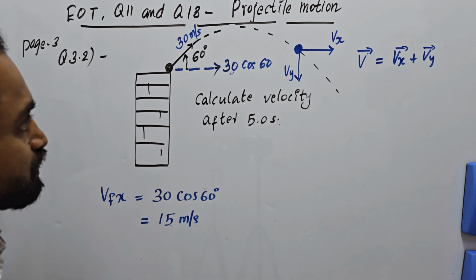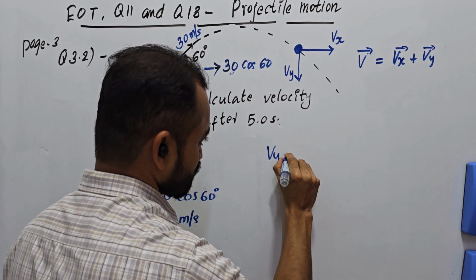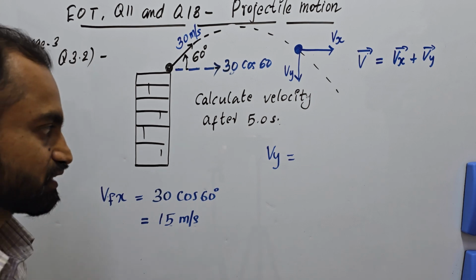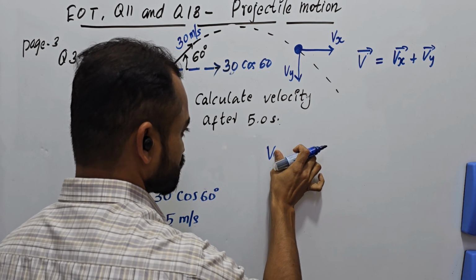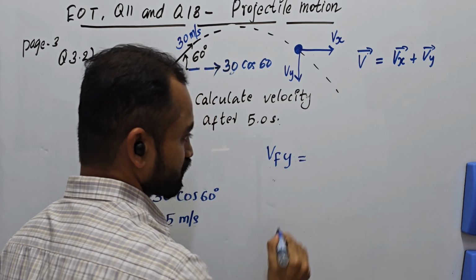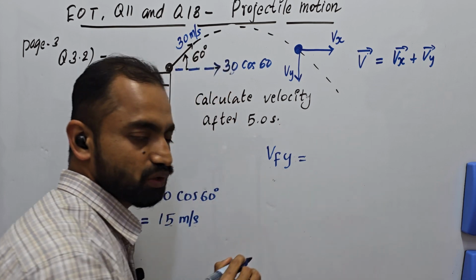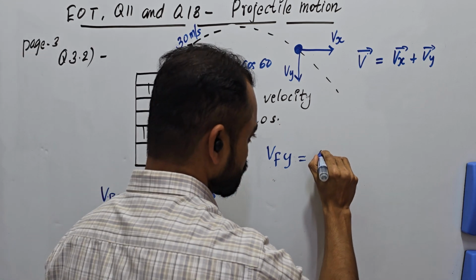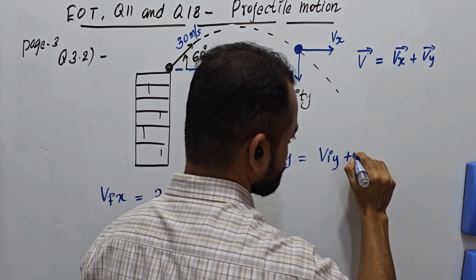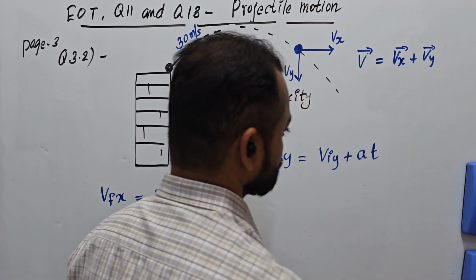The next is Vy. There is acceleration in the y direction. We can calculate the final velocity along the y direction using the equation: final velocity equals initial velocity along y plus acceleration along y multiplied by time taken.